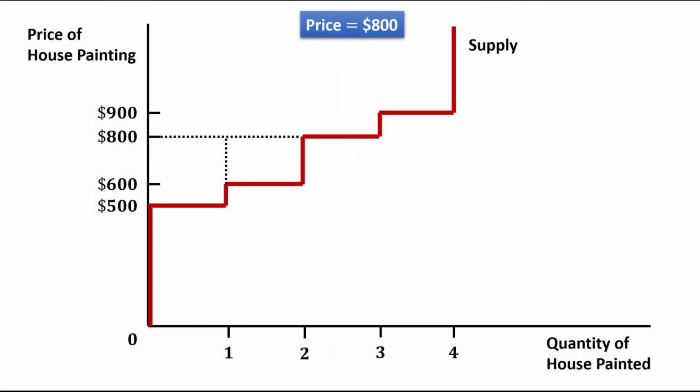Let's see the other example. If we assume the price offered is $800, in this case we will have two sellers. First one, grandma, because the cost of grandma is $500, so grandma will be willing to sell her painting services.